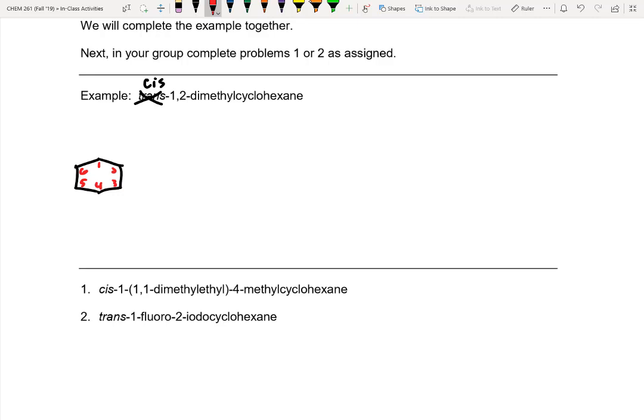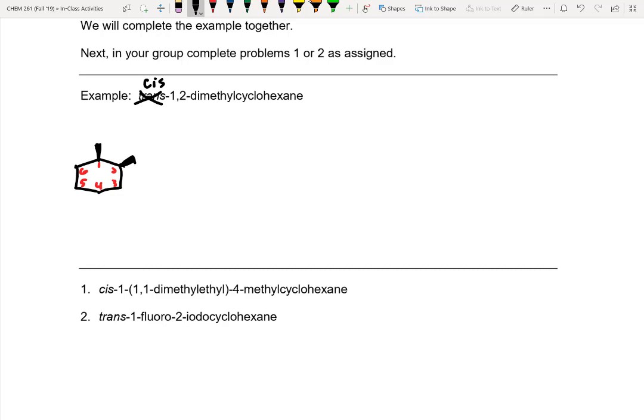How would we orient this so that it's cis? Both the same, right? Because cis means same side. Does it matter if they're both dashes or both wedges? No. So I'll just go ahead and fill this in with a wedge here and a wedge here. And that would be our 2D bond line structure.